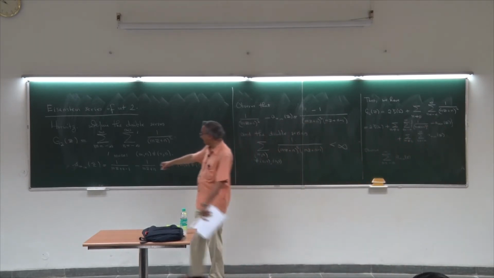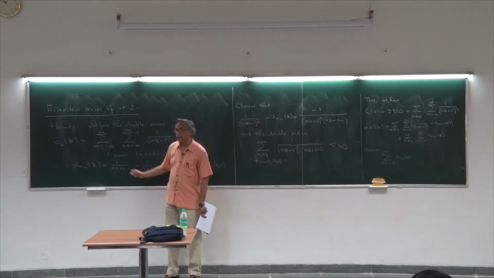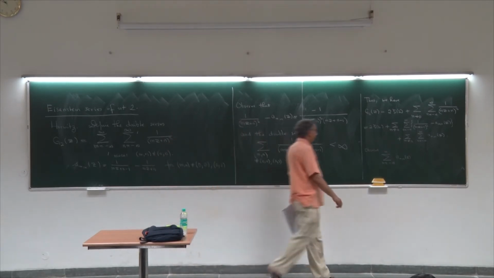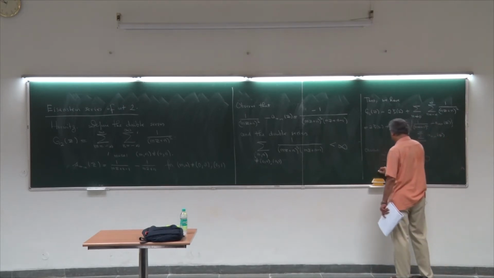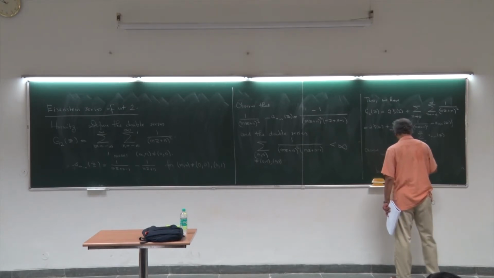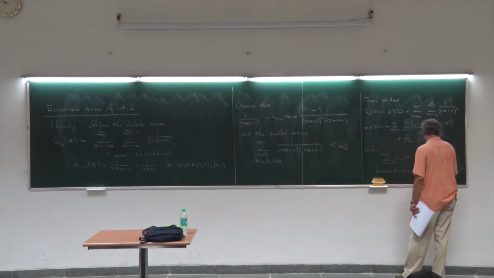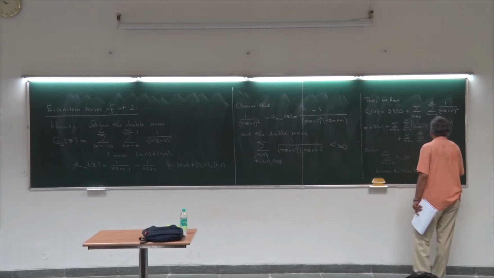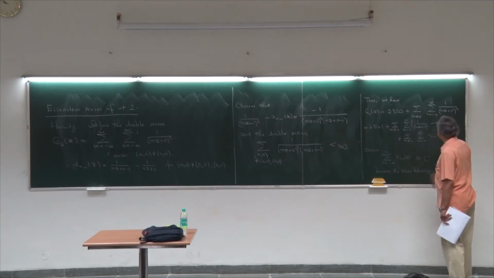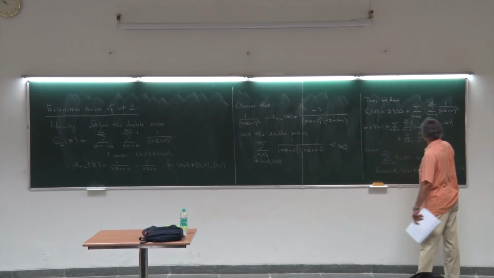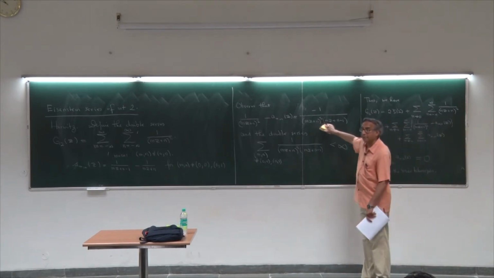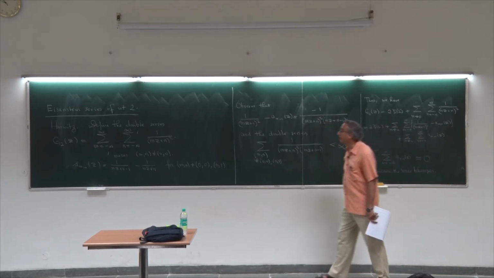You have the opposite signs and it telescopes to 0. So nothing is lost by doing this little trick, and now we have convergence, because this difference is now a series which converges absolutely.